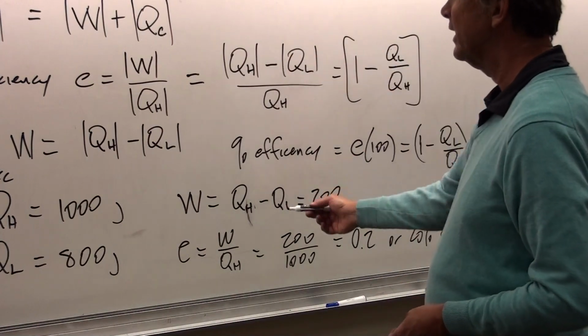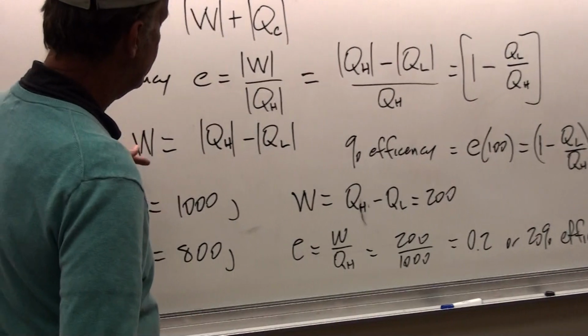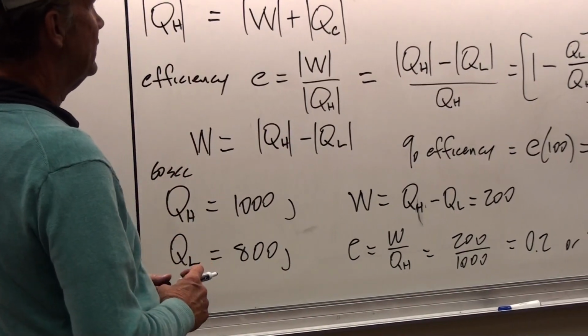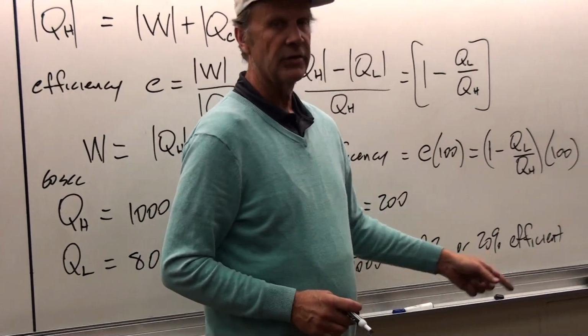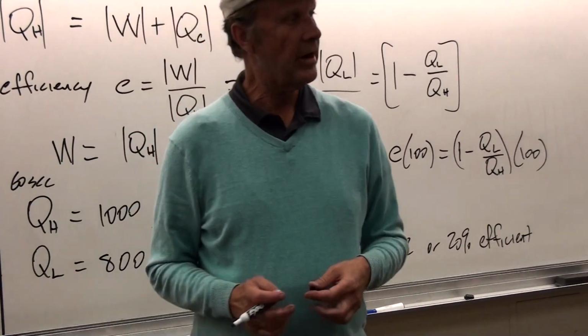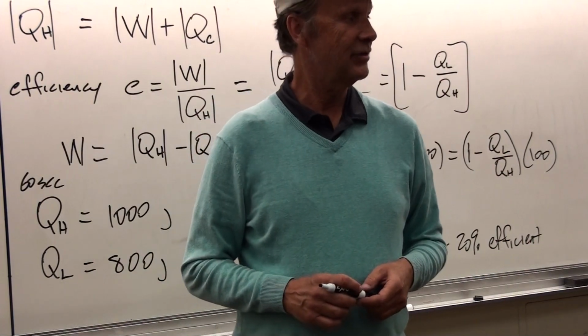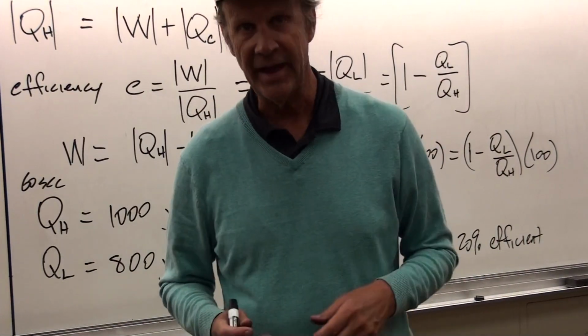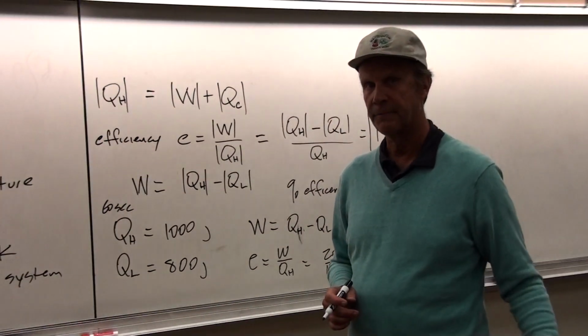And so that would be the way that we could use this information to compute the efficiency. And it turns out that efficiencies on the order of about 20% are actually fairly good efficiencies. That doesn't sound like it's very good, but in terms of the limitations that we have in a system like this, that turns out to be a good number.